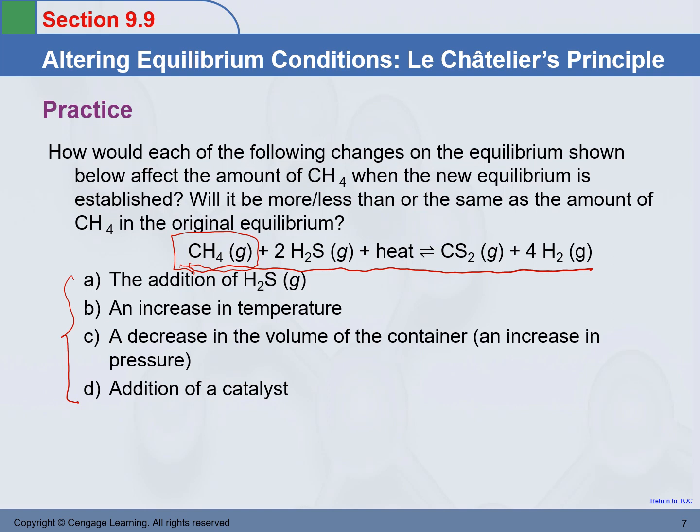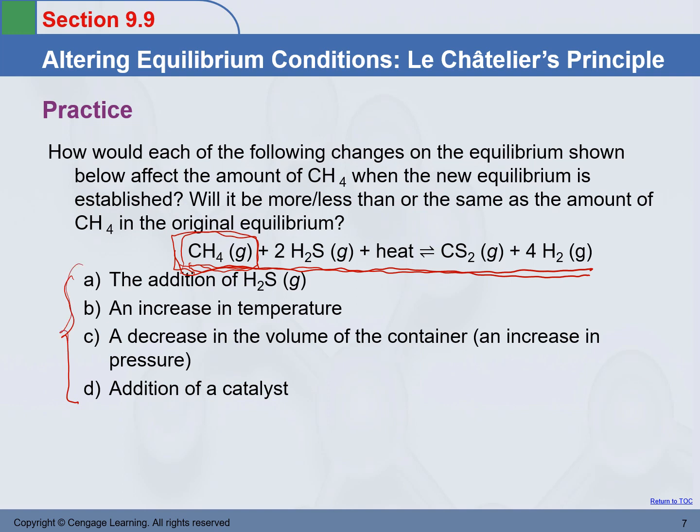All right, if you understand the question, good. If not, let's go over it again quickly. There is a reaction system listed here, and it is in equilibrium. At this equilibrium, the amount of CH4 is fixed. So there is a certain amount of CH4 in the system.